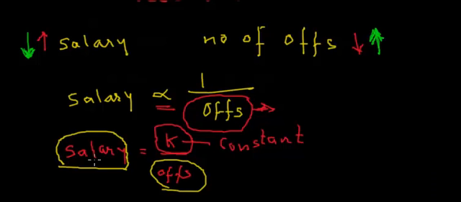Less number of offs, he'll get more salary. So the salary is inversely proportional to the number of offs, right? So to remove this proportional sign, we replace it by an equal to sign and multiply the right hand side of the equation by K. So this particular case where two values are inversely proportional is called inverse variation.